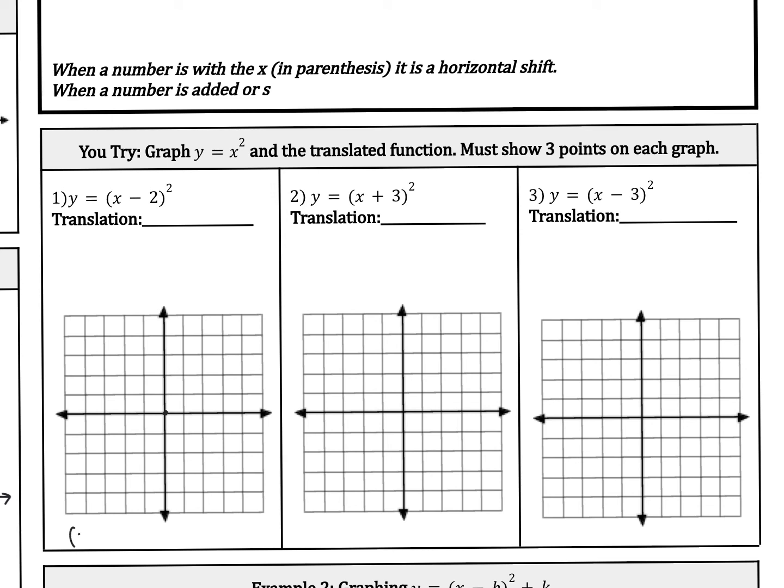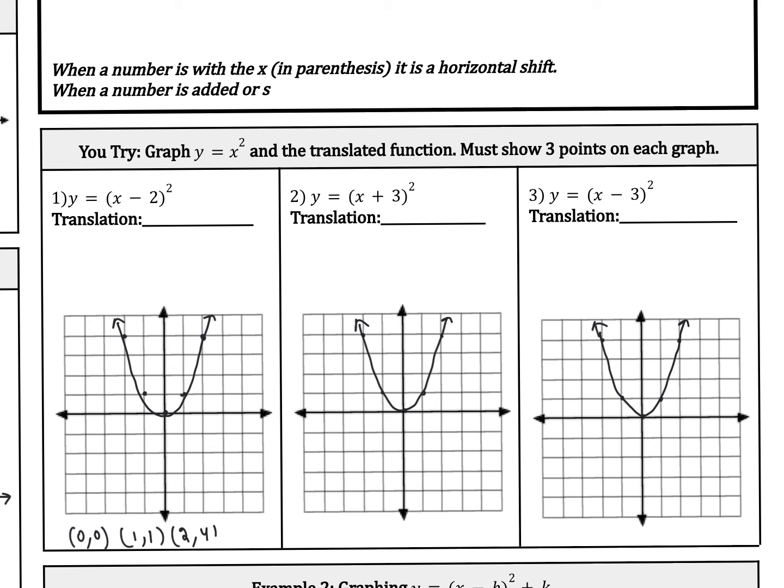I just follow the pattern 0, 0, 1, 1, 2, 4, and then I mirror the points on the other side, and I get the graph of the parent function. So here is my parent graph for the 3 functions.